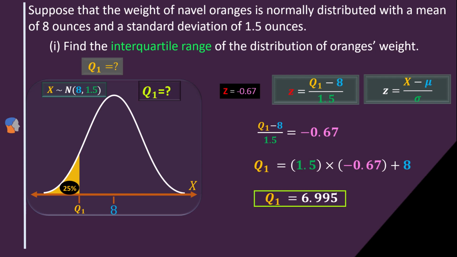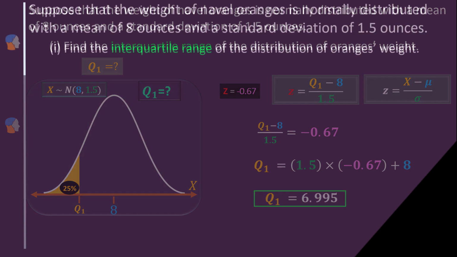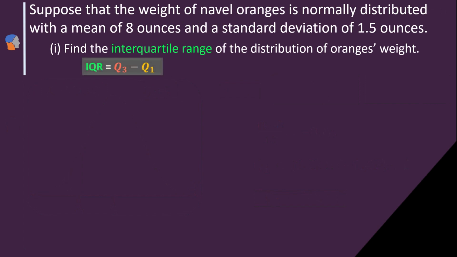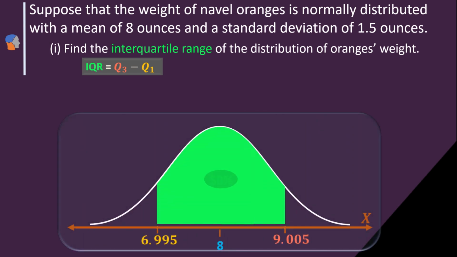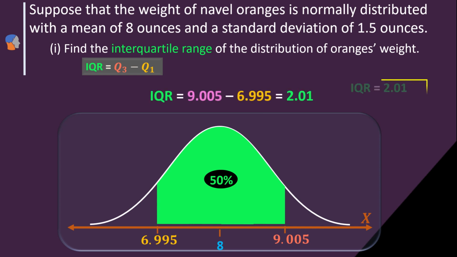So now we know Q1 and Q3. As I explained before, the area between 6.995 and 9.005 is 50%. Since we know Q1 and Q3, we can find the IQR, that is 2.5.